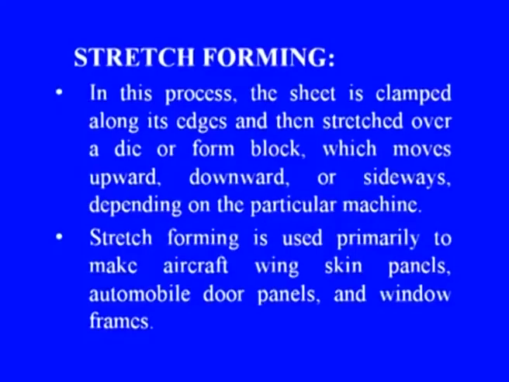Stretch forming. In this process, the sheet is clamped along its edges and then stretched over a die or form block, which moves upward, downward or sideways depending on the particular machine.